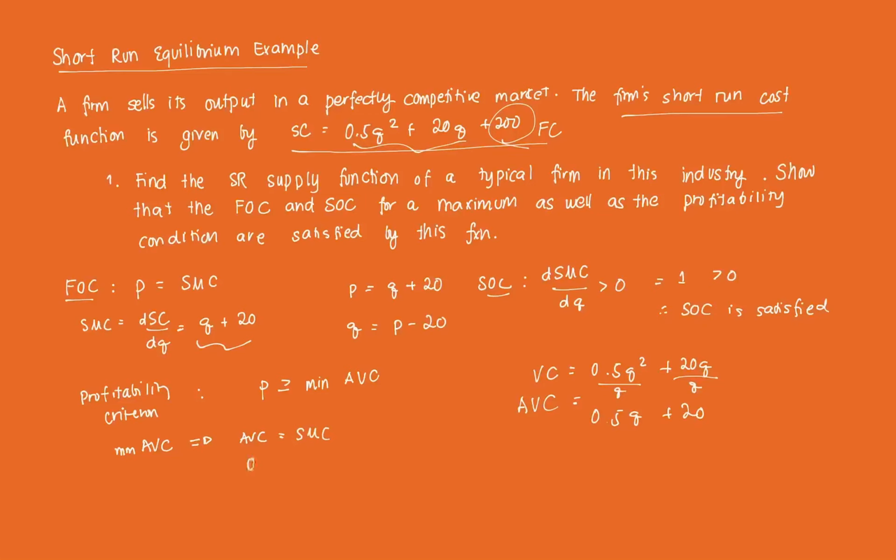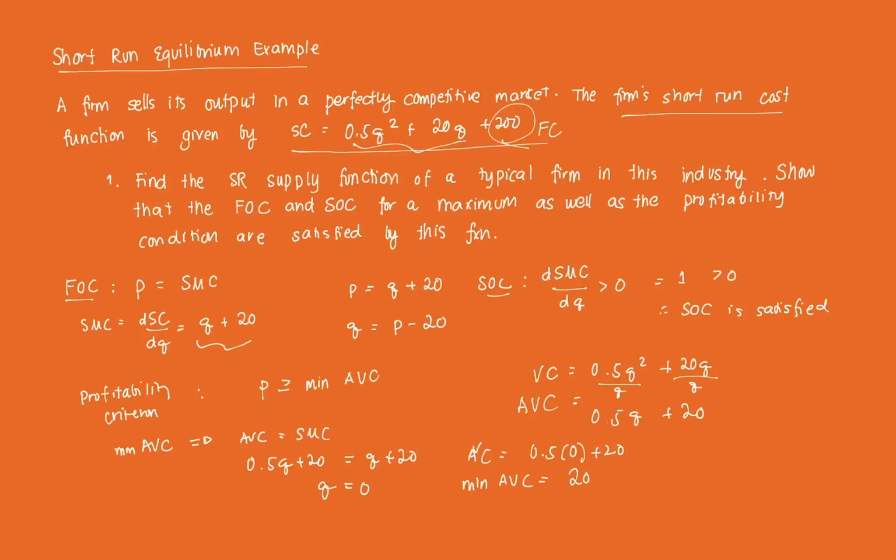That's 0.5q plus 20, which is AVC, equal to SMC, which is q plus 20, which suggests that q is equal to 0. If we substitute q equal to 0 in the equation of AVC, AVC is equal to 0.5 times 0 plus 20. We determined that the minimum average variable cost is equal to 20.